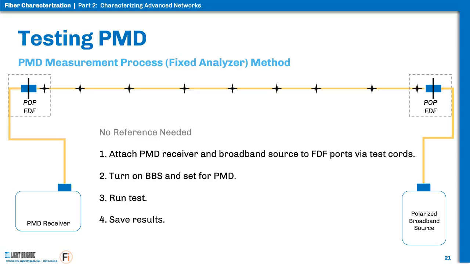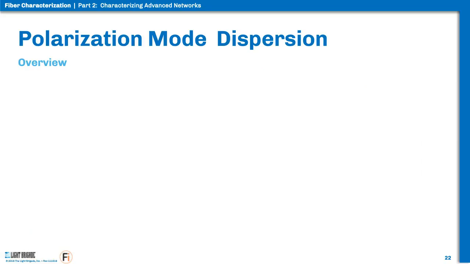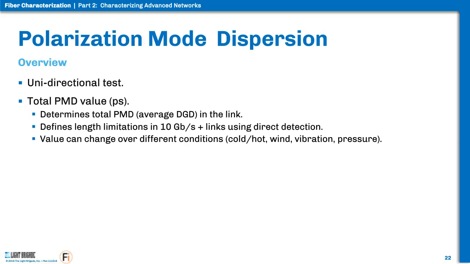And you get those numbers, plus you get that Gaussian curve. So PMD, again, is a unidirectional test. You're looking at the total PMD value in picoseconds, and that will help you define the limit in whatever speed you're operating on and determine whether your fiber is going to be able to operate on the length that you're trying to do, or it tells you what the length limit will be for your particular network.